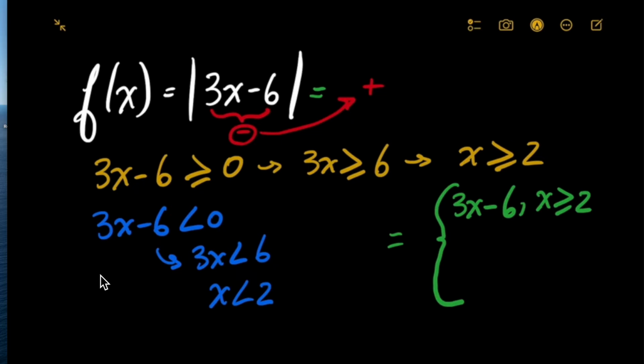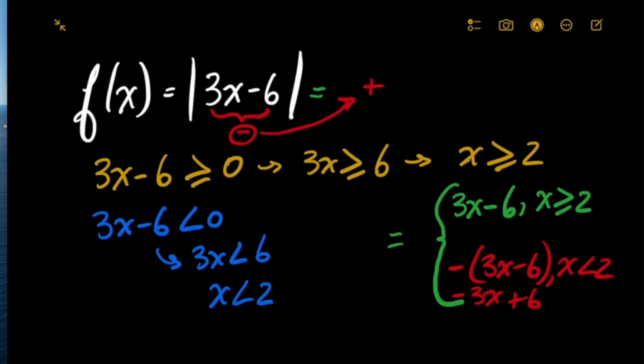And because of that, we are going to use the opposite of the original function. And again, this is for values of x less than 2. Now, you can leave it in this format, or you can distribute that negative and get negative 3x plus 6.